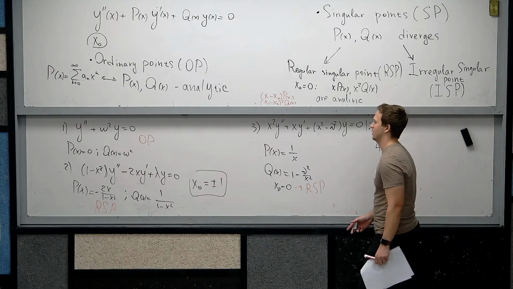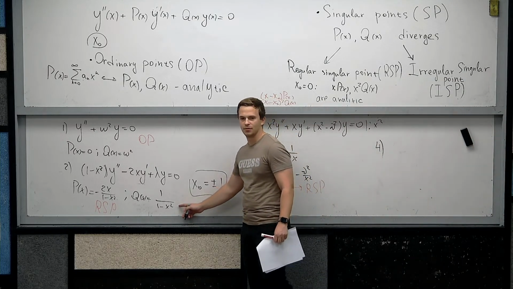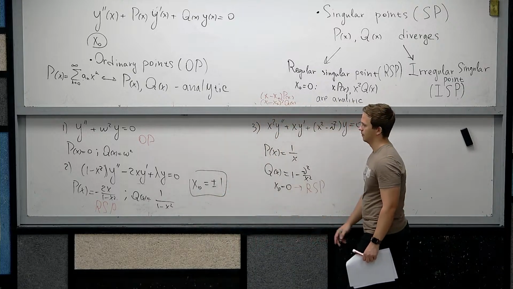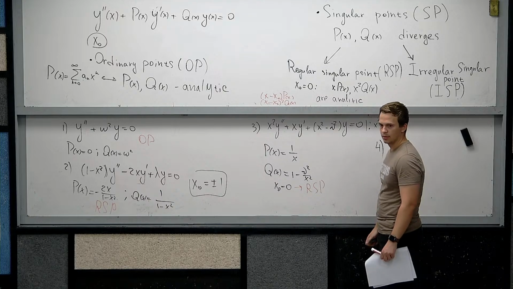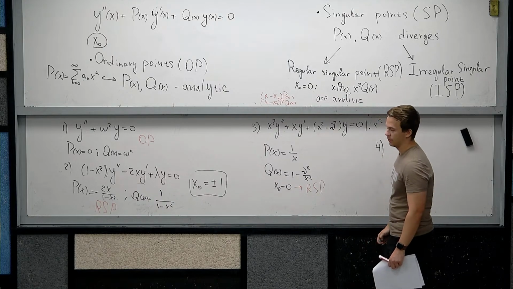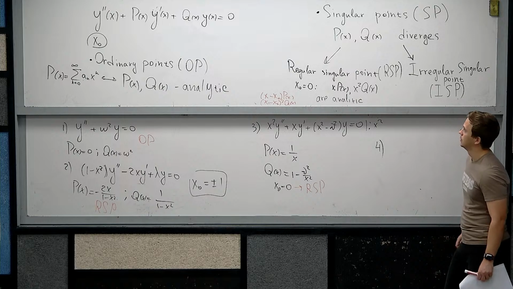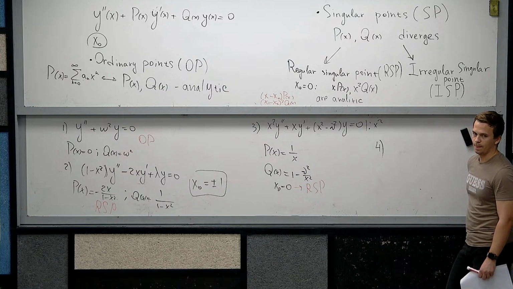In this case, by the way, x equals infinity, what type of point is it? Also 0 and 0.